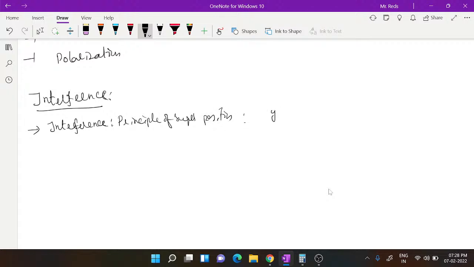Then, under this, what have we studied? If two waves, only two waves, y1 and y2, are there, the combination of these gives you a new wave, the resultant wave. It is equal to the vector sum of the displacements of the two waves. It is called the principle of superposition.